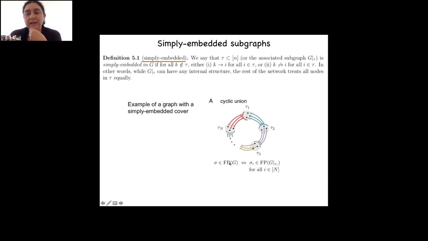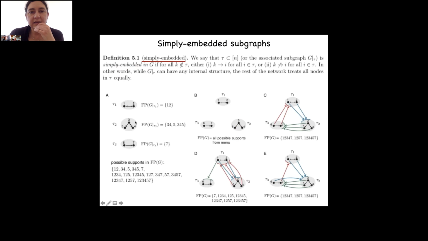This sigma i, by the way, is sigma intersect tau i. I should have said that maybe. What to remember here is this perfect gluing property: all the fixed points of the large network are obtained from picking one fixed point from each of the subnetworks and gluing them together. And this is an illustration of that rule.